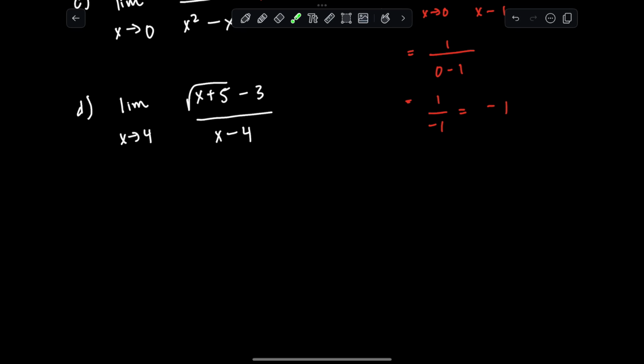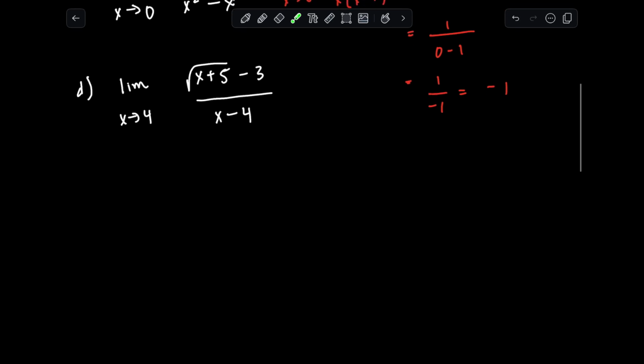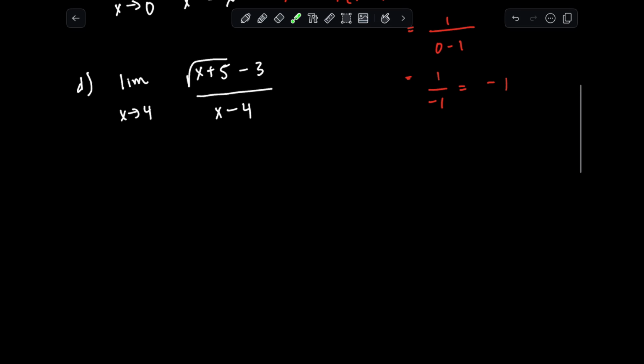Now, in order to do this, we'll probably want to modify the numerator since we have some square root elements going on, and we can probably multiply the numerator and denominator by the conjugate. What I mean by that is we do the following operation.